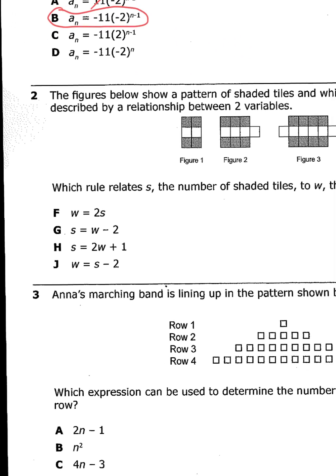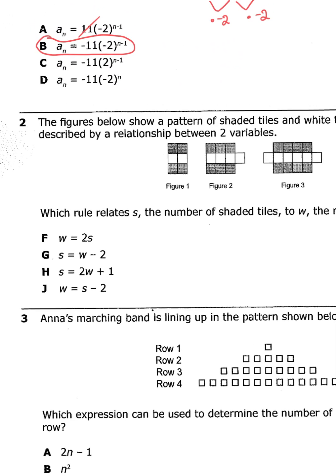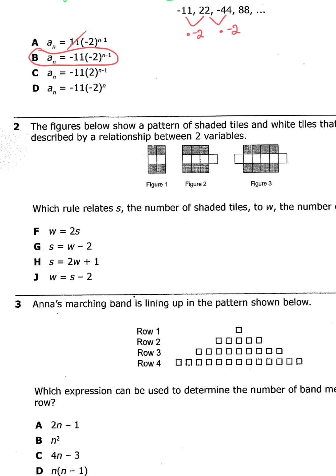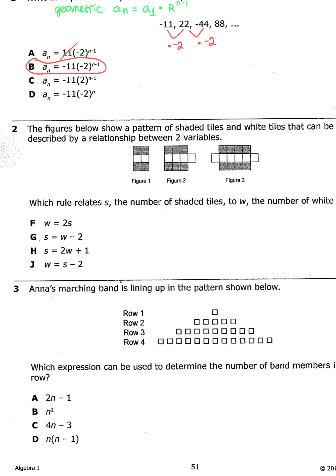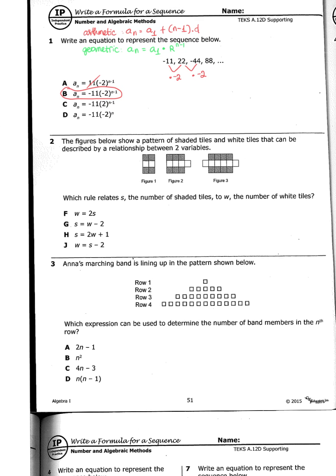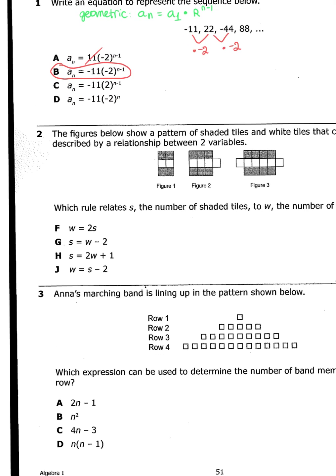All right, so for number 2, what is the rule relating S, the number of shaded tiles, to W, the number of white tiles? So we look at figure 1: we have 4 shaded and 2 white.